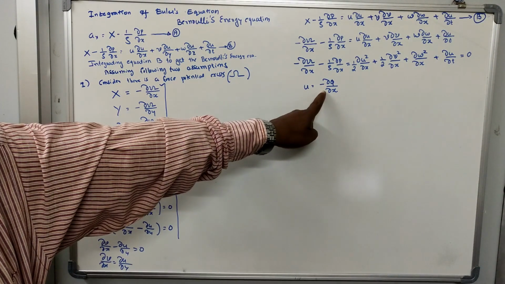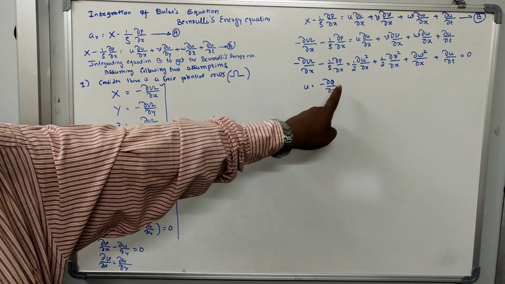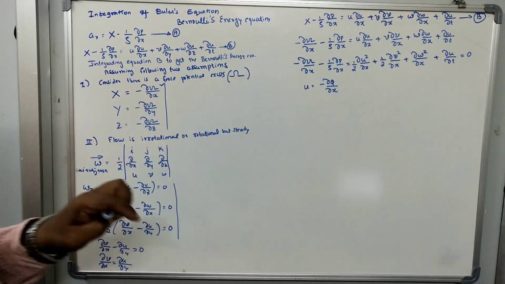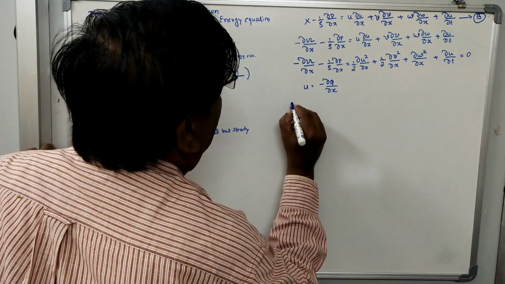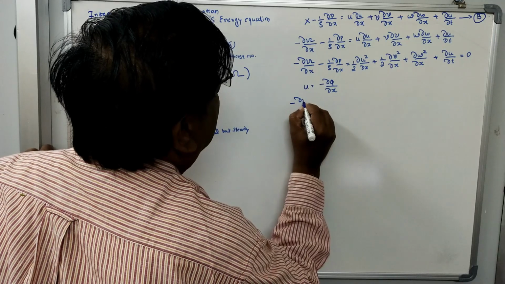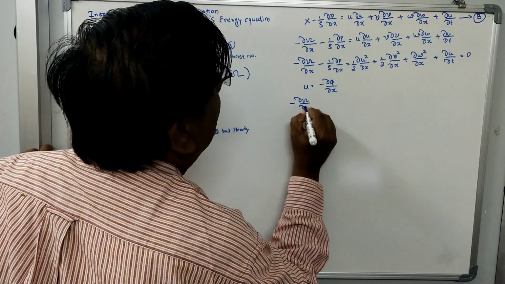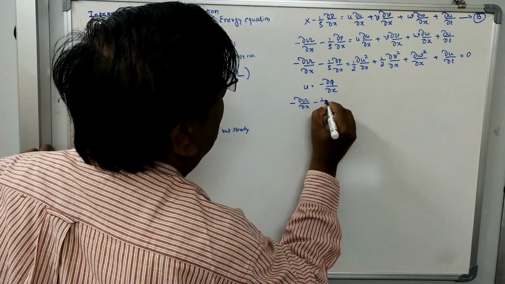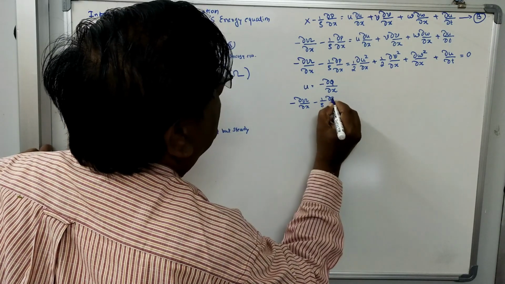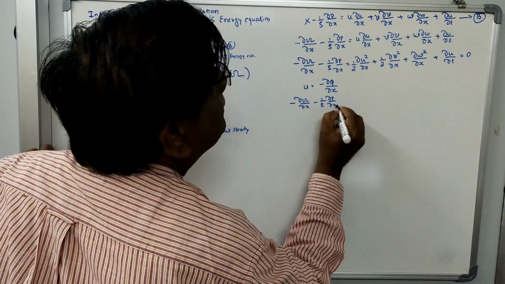So now I am substituting u equal to minus ∂phi/∂x in the above equation. So it is minus ∂(force potential)/∂x minus 1 by rho ∂p/∂x.